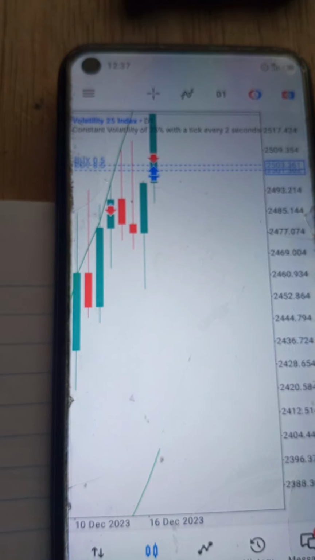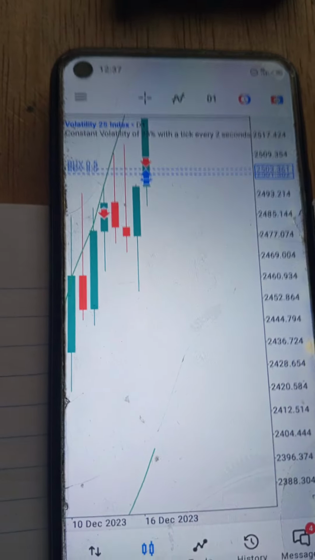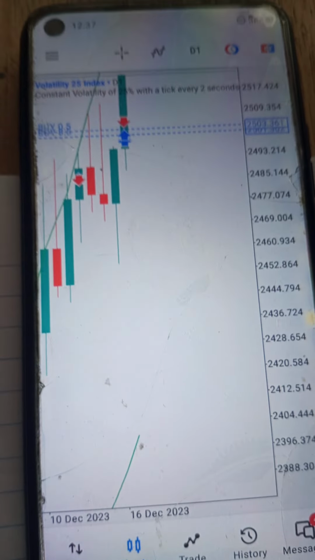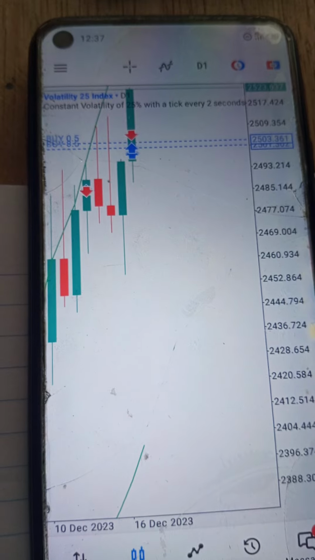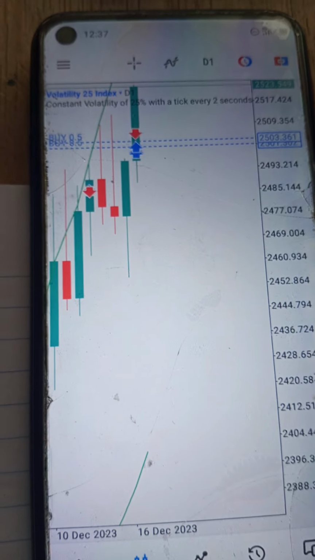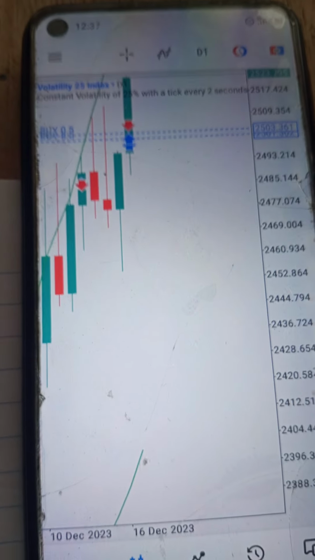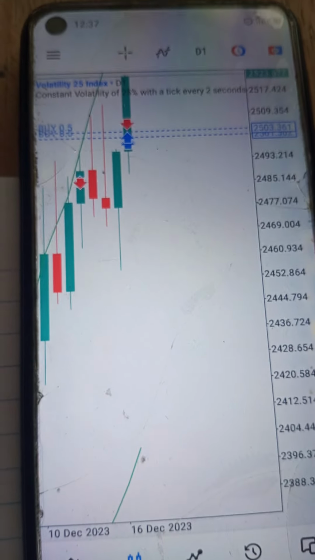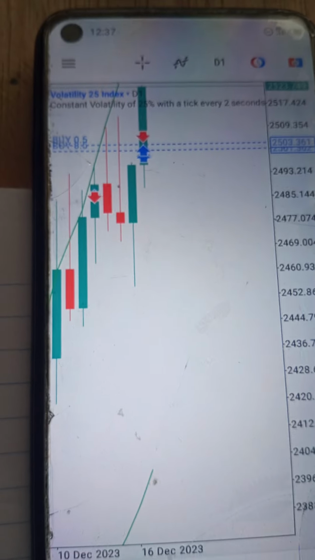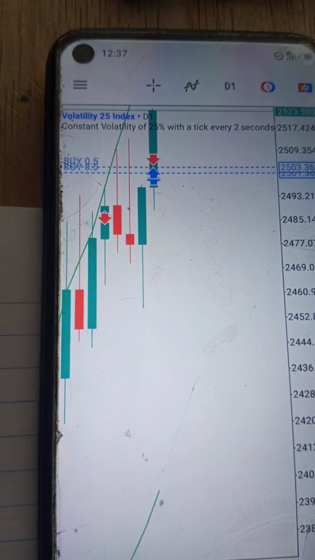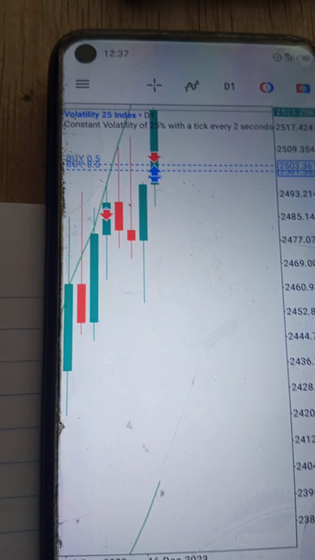I make sure I check my daily time frame and also check the 15 minutes time frame. If the 15 minutes time frame is selling, I will not buy. I'll wait for that 15-minute time frame to buy before I will buy, even though my daily time frame is showing uptrend.